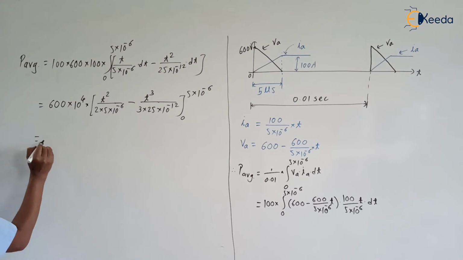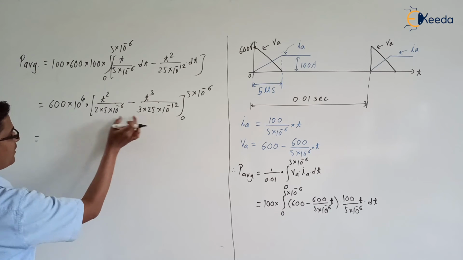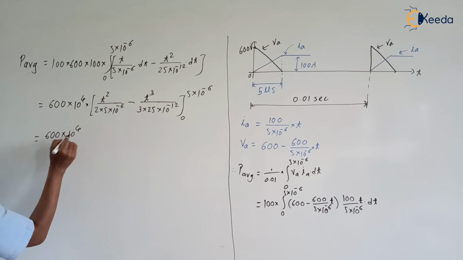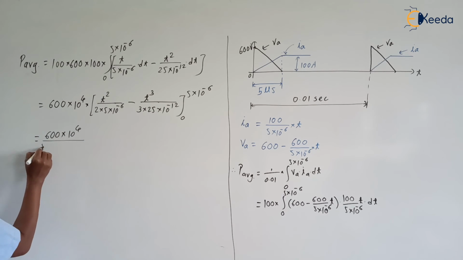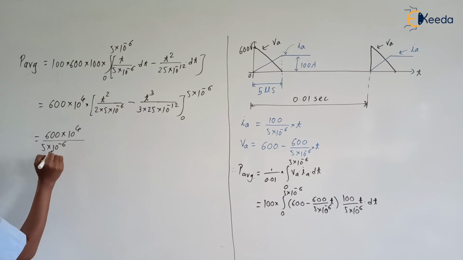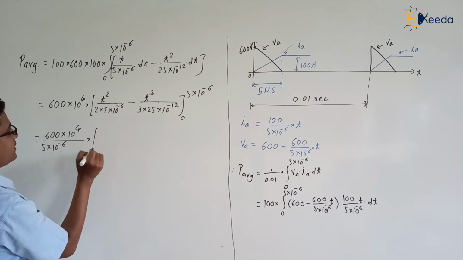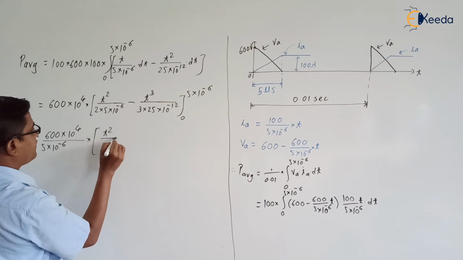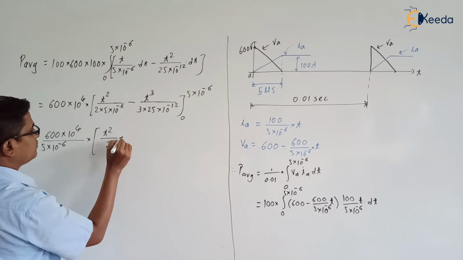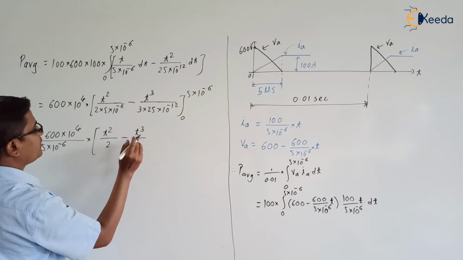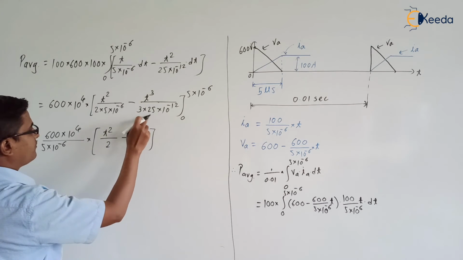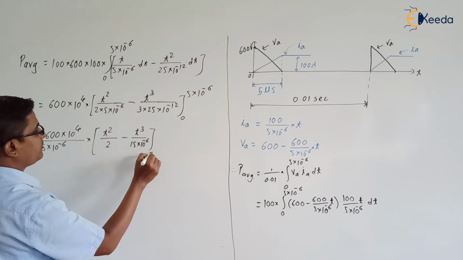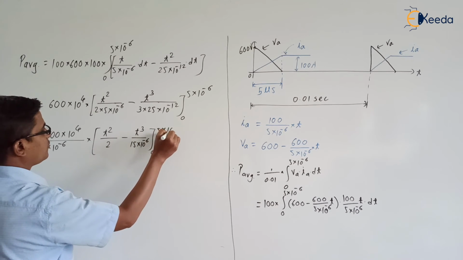So further we can take 5 into 10 to the power minus 6 common. So it is 600 into 10 to the power 4 divided by 5 into 10 to the power minus 6, into t square divided by 2 minus t cube divided by 15 into 10 to the power minus 6, limit 0 to 5 into 10 to the power minus 6.